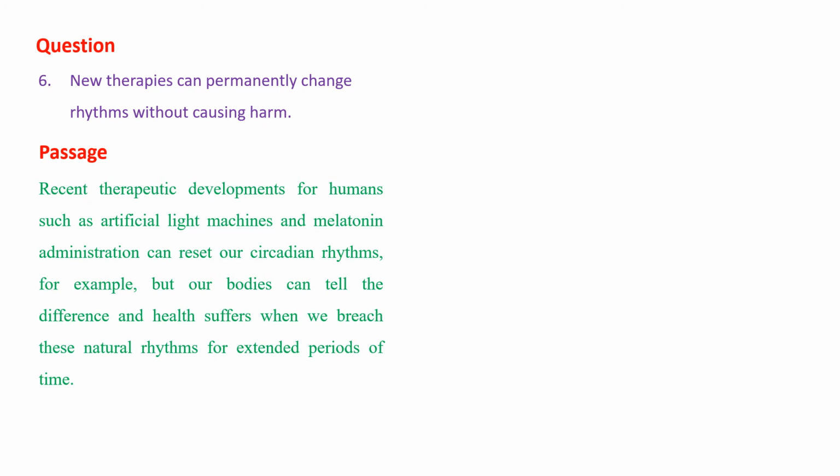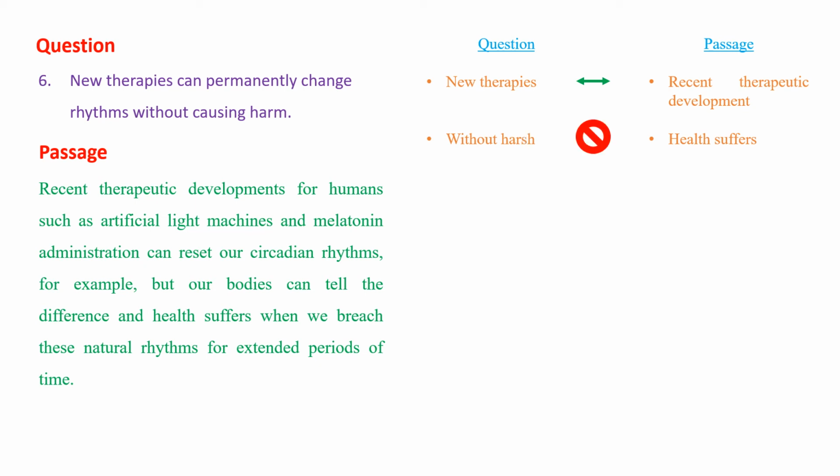Now, we shall compare the keywords. Recent therapeutic development is paraphrased as new therapies. The question states that the therapies don't cause any harm, whereas in the passage the author states that health suffers, which is a contradiction. So, the answer for this question is false.